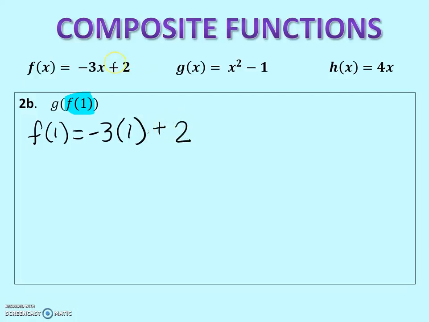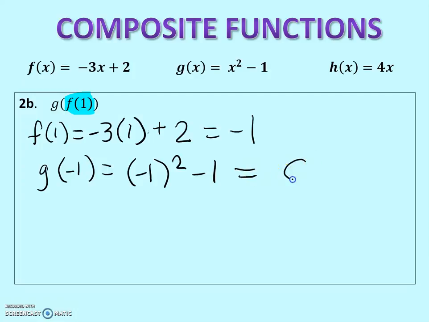And using this function, that's going to give us -1. Now we take what we got here, plug it into here. So now we're doing g of -1. Using the g function now, we have -1 squared minus 1, which if we do that correctly, that's going to give us a value of 0. Good job, let's keep going.